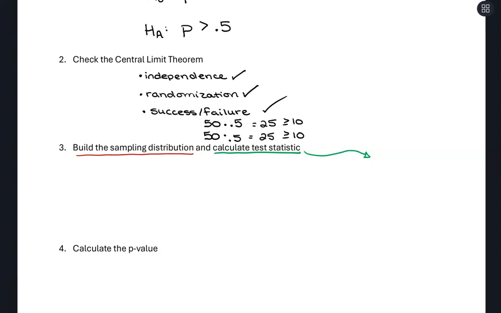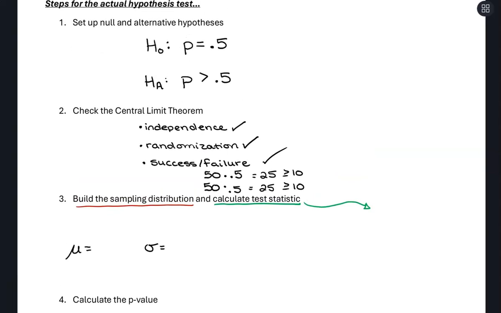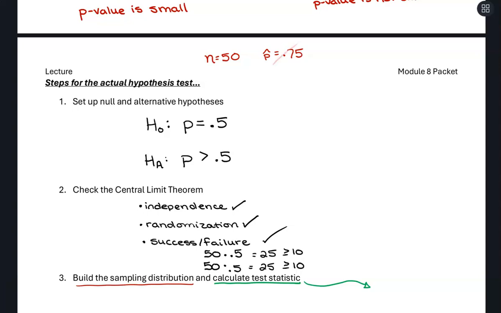Okay, so building the sampling distribution, that means I need my mean and I need my standard deviation. So mean is equal to our population proportion. Again, we're just working with our assumption here. So I keep referring back to that null hypothesis for absolutely everything. I basically ignore that sample statistic for as long as I possibly can.